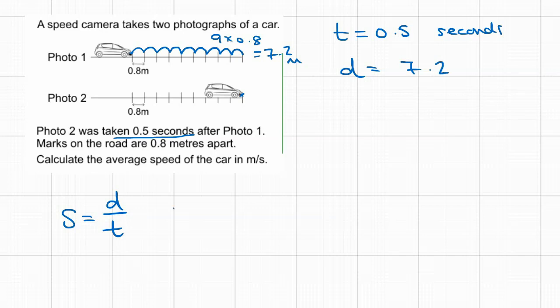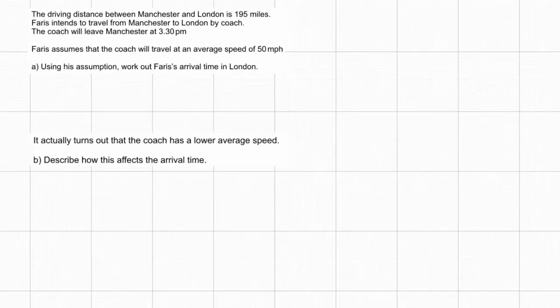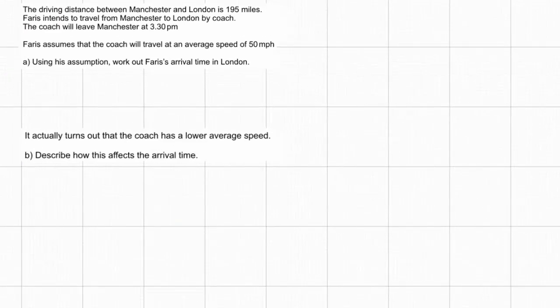So going down here, distance 7.2 meters divided by 0.5. When we divide by 0.5, we're really timesing by 2, or you can get a calculator out and have a go at that. We will get 14.4. This is in meters. The time is in seconds, so it's meters per second. Not really the best indication of a car's speed. We like talking miles per hour, don't we? But there you go.